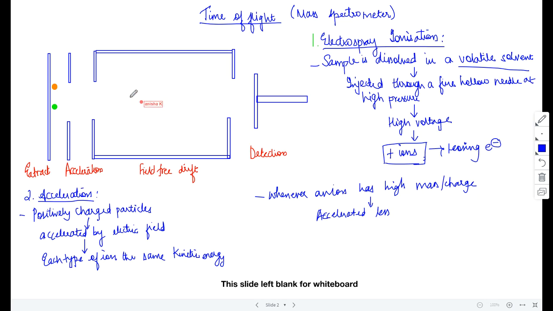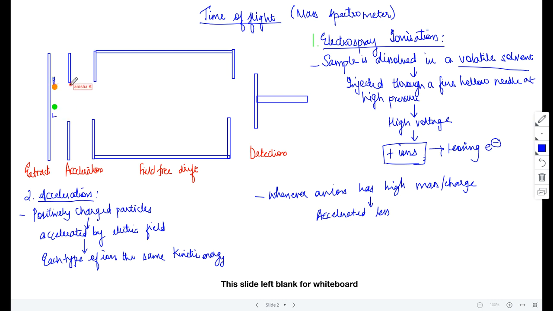So as the speeds are exactly same, when they are released together, their movements are somewhat same. But when it is accelerated, because of its high mass and charge, the movements will differ, right? This is a high mass, this is a low mass.